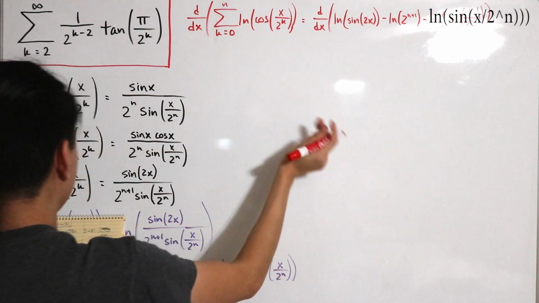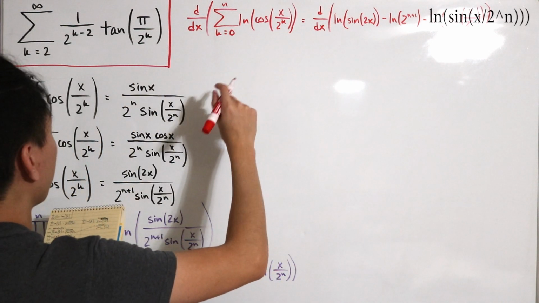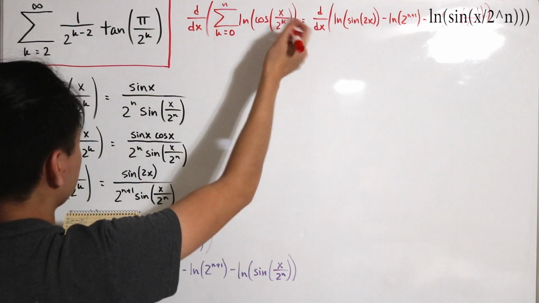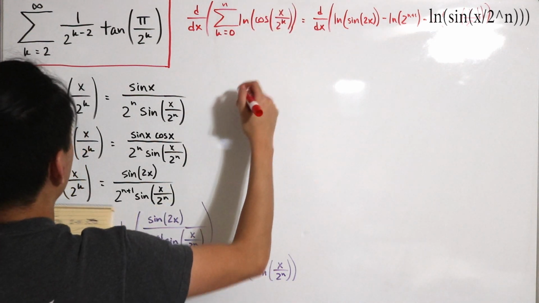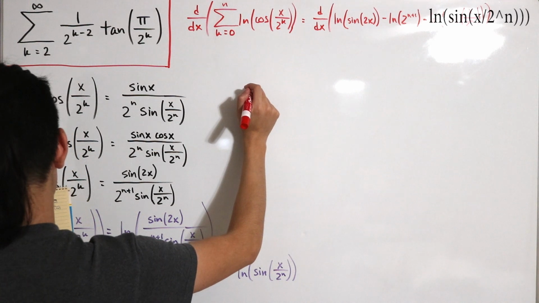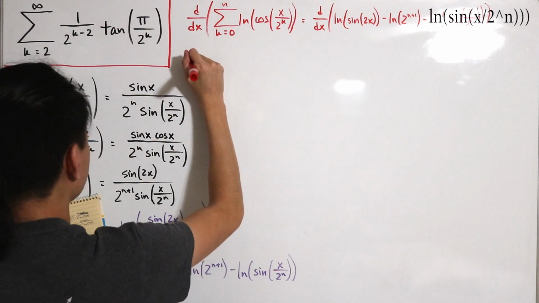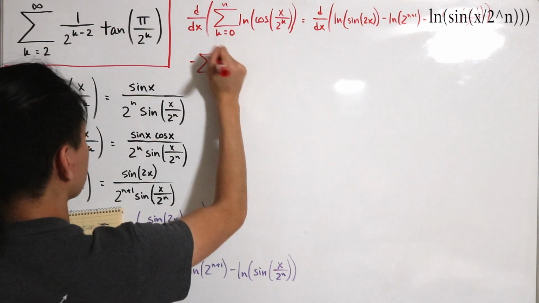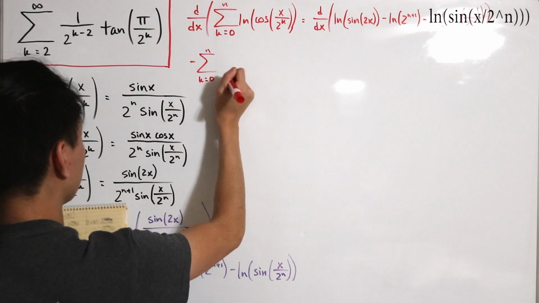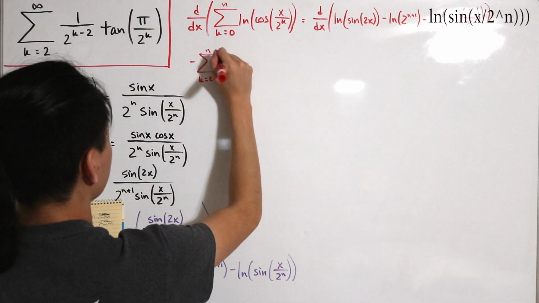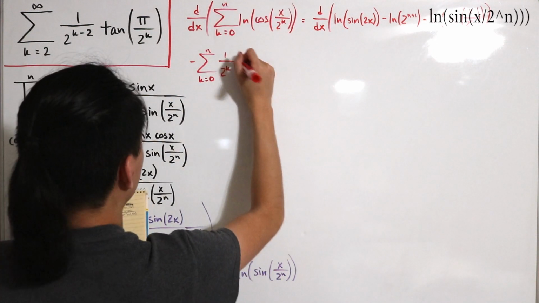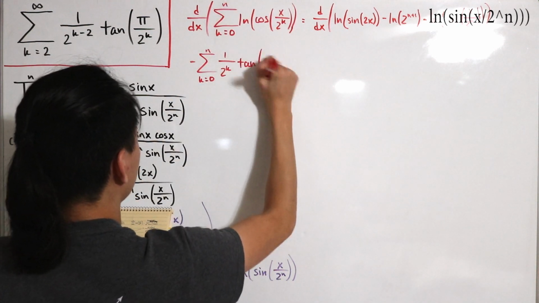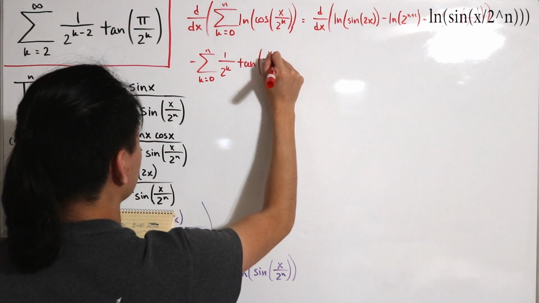That's a constant, and it's negative sine of x divided by 2 to the power k, and then multiply by the derivative of the inside. I can just factor out the constant itself. Well, really, I'll factor out the negative. So it'll be the negative partial sum k is equal to 0 of 1 divided by 2 to the power k, and then we have a sine over cosine, so I'll just put this as a tangent of x divided by 2 to the power k.